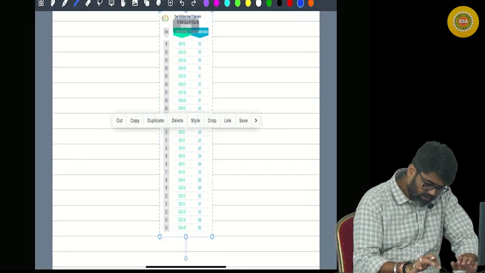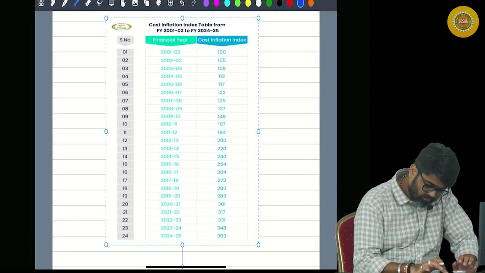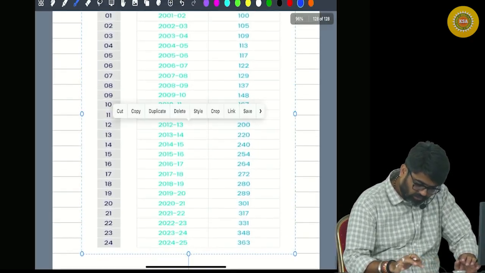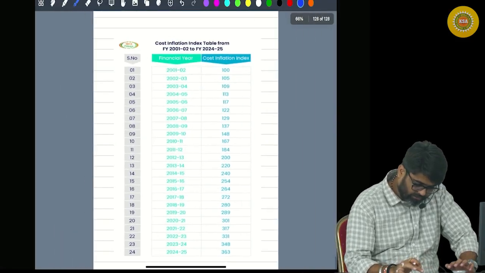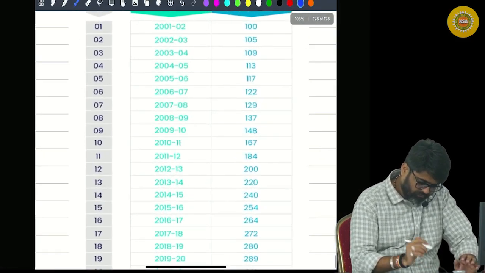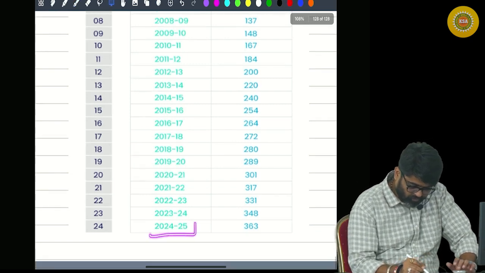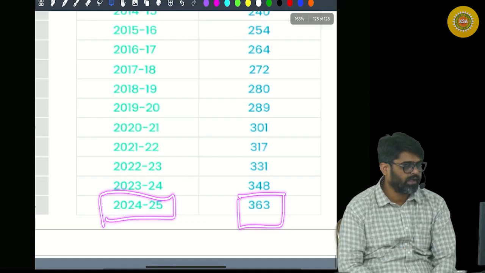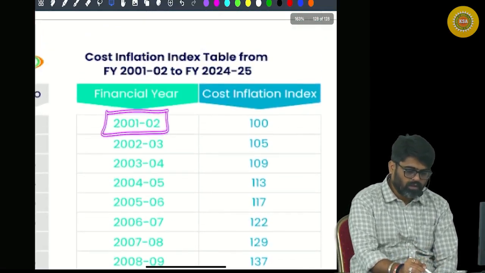Understanding, sir? Very good, sir. Now pay attention. What is your previous year? Now see, in your previous year 24-25, CII is 363, and in the base year it was 100.